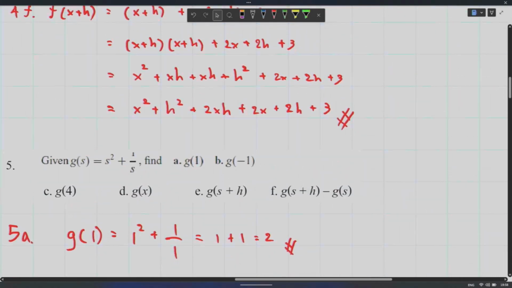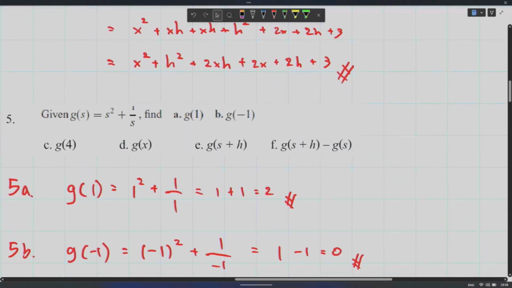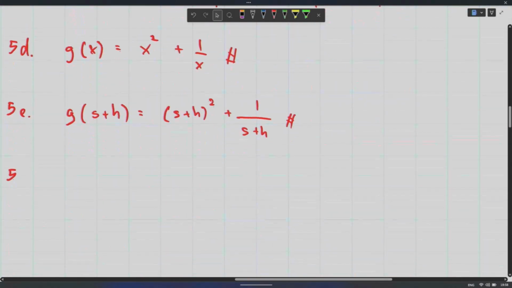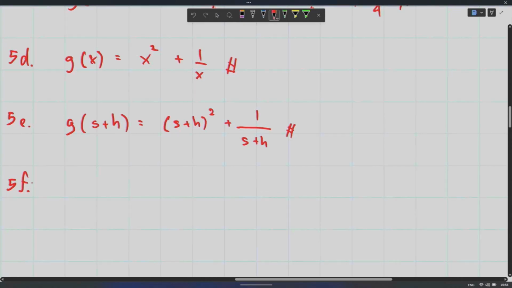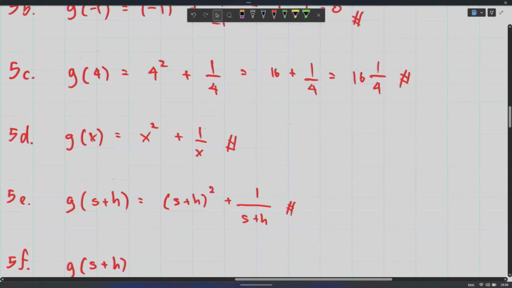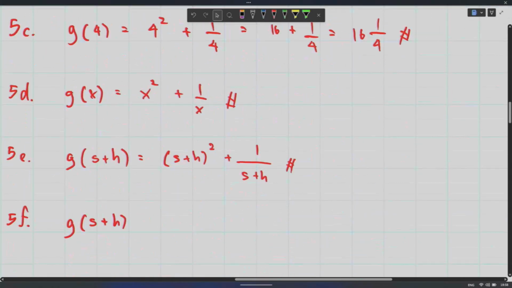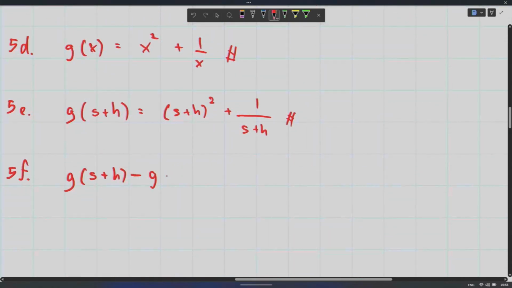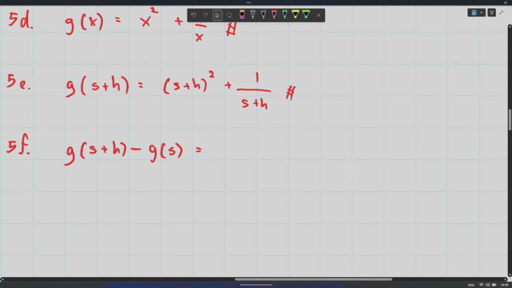Now, for the next one, how about g of s plus h minus g of s. Now we have to expand it further. g of s plus h is this piece, right?